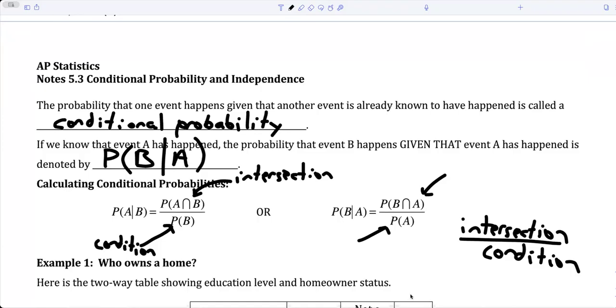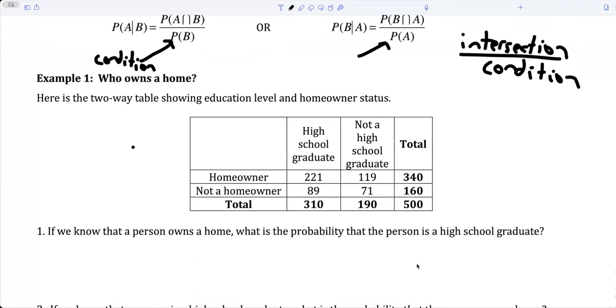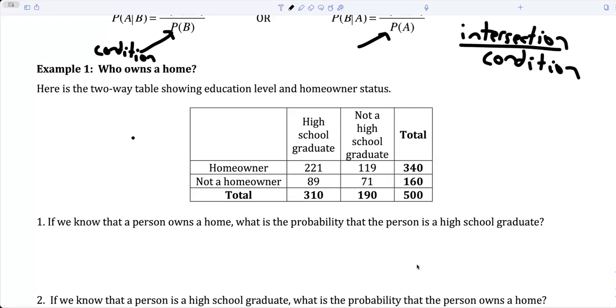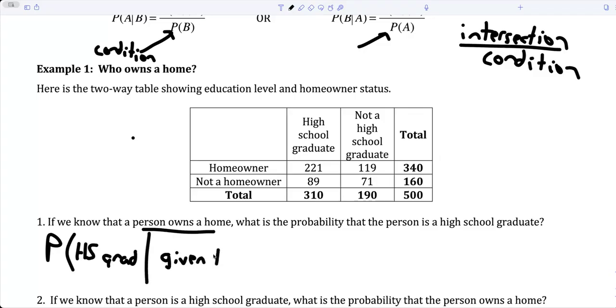So here's the two-way table showing education level and homeowner status. If we know that a person owns a home, what is the probability that the person is a high school graduate? So writing that out, we want the probability they are a high school grad, given they own a home.